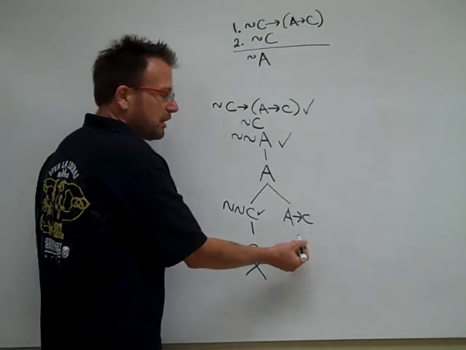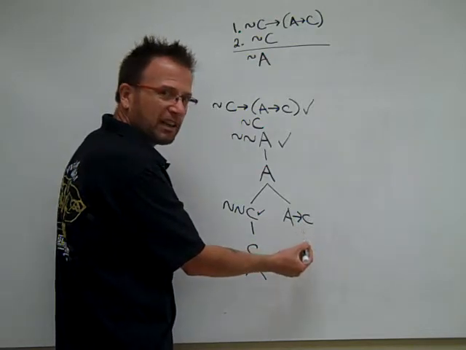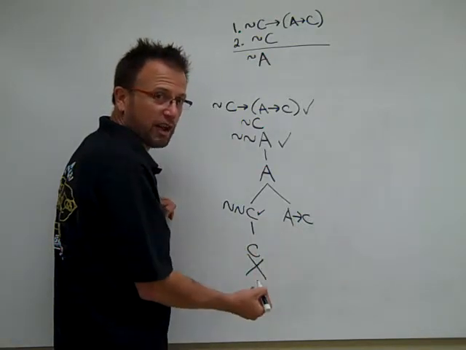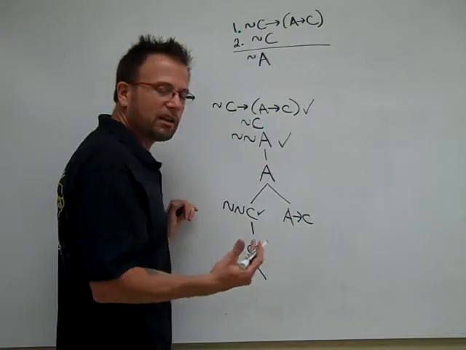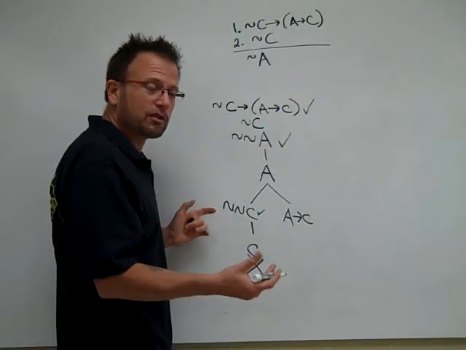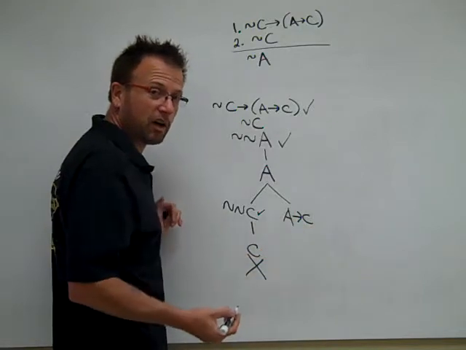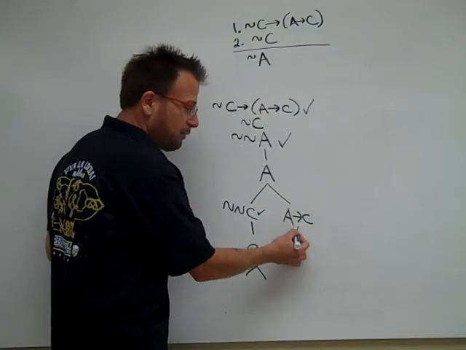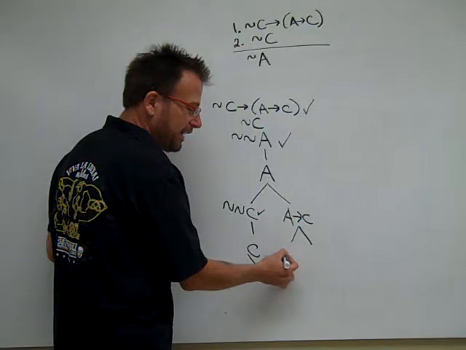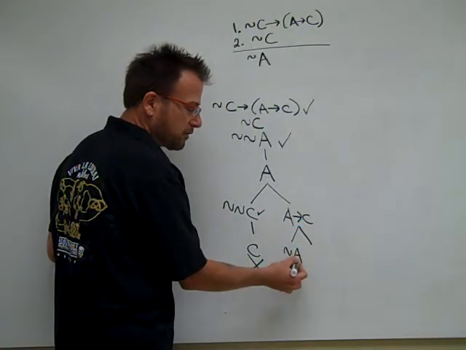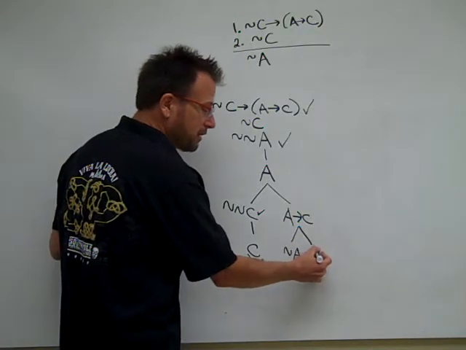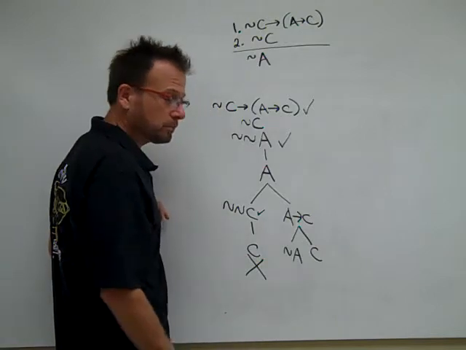I do nothing further with that branch. Now over here, I need to ask myself, under what conditions will this conditional statement be true? Well, a conditional statement is only false when the antecedent is true and the consequent is false. So this statement will be true either when the antecedent is false or when the consequent is true.